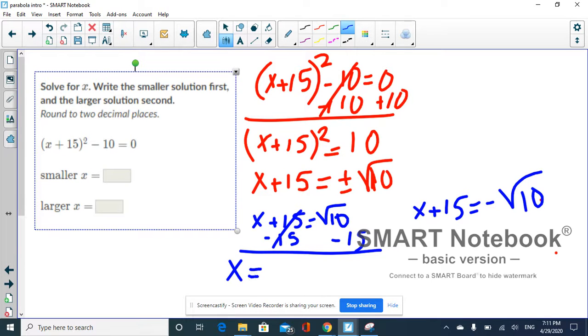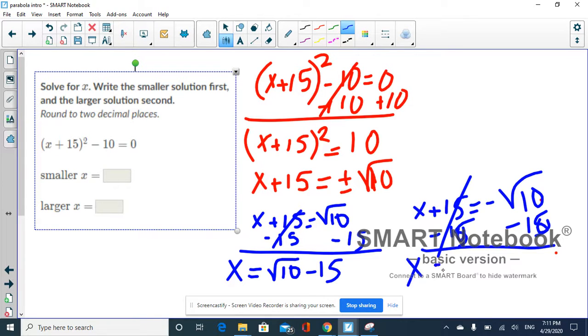The first gives x equals root 10 minus 15. The other, we subtract 15, x equals negative root 10 minus 15.